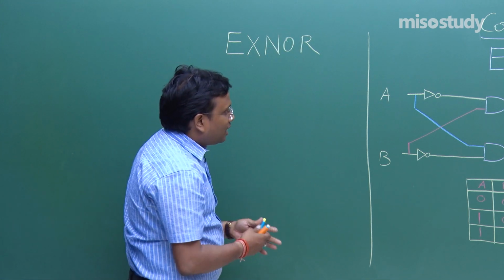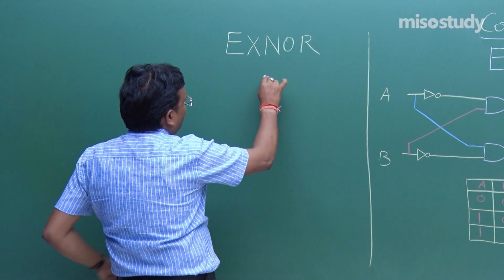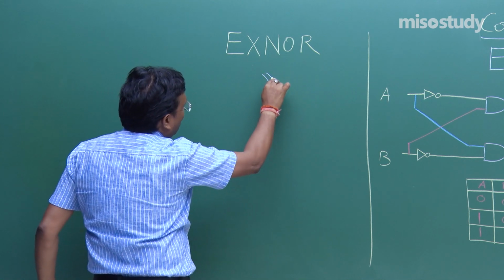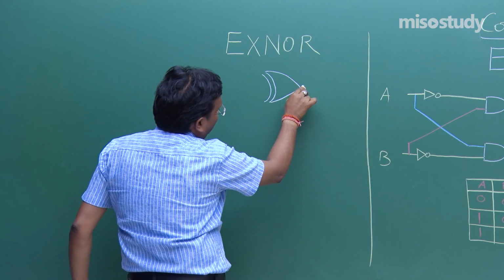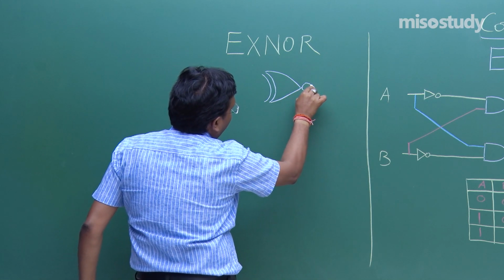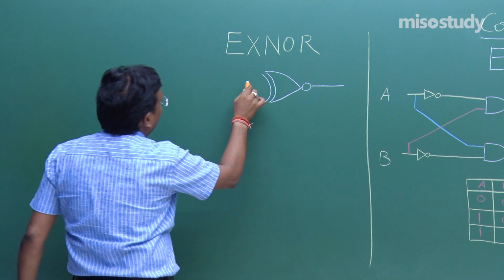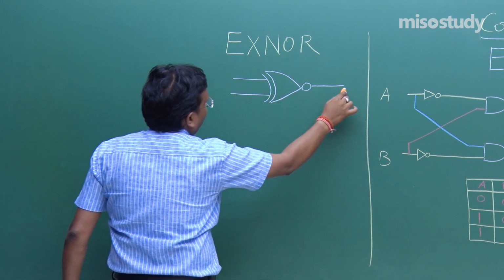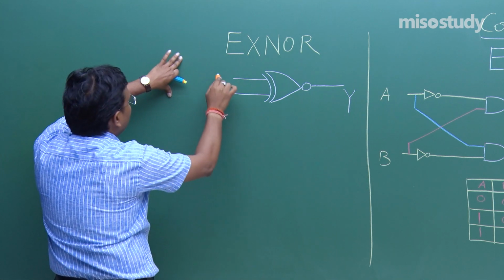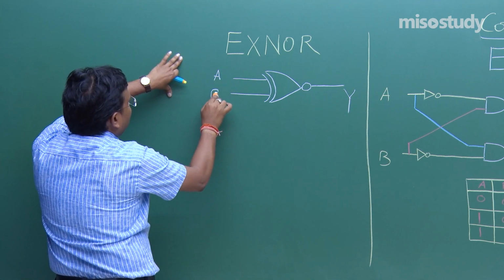So, what is the symbolic representation? The symbolic representation in short is very beautiful. Only add one NOT gate, otherwise everything is similar to exclusive OR gate. So, this is Y, this is A, this is B.